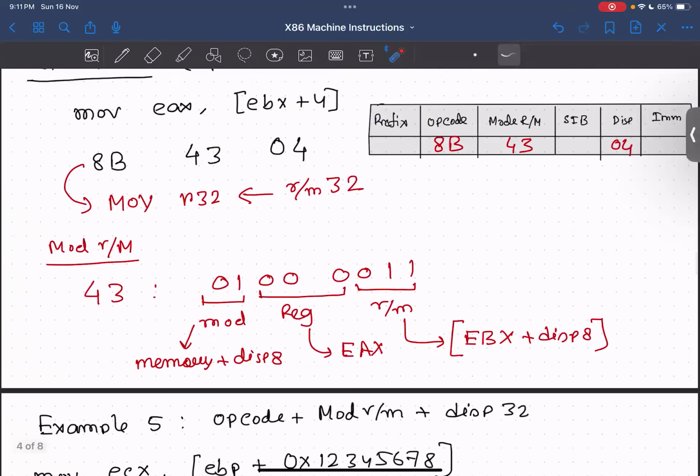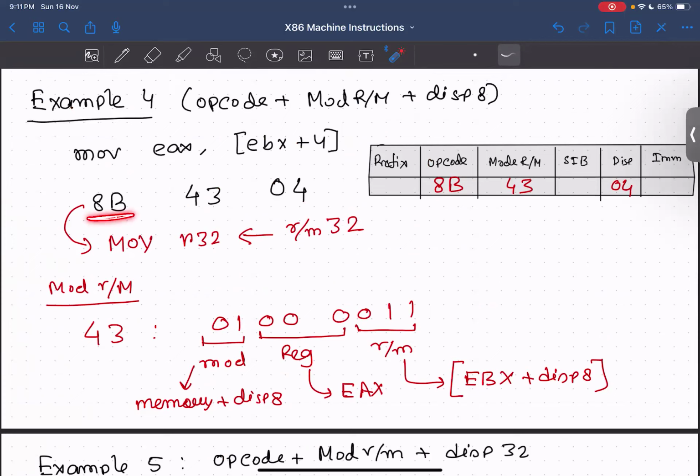And in this particular scenario, 8B means you are moving, but the source is mentioned in this R/M configuration, and the destination is mentioned in the R32, that is the reg configuration, a 32-bit reg. So if I have to map this particular thing into our x86 assembly instruction, 8B is our opcode, and then we have our ModRM configuration, which is 43, and this one has a displacement 04.